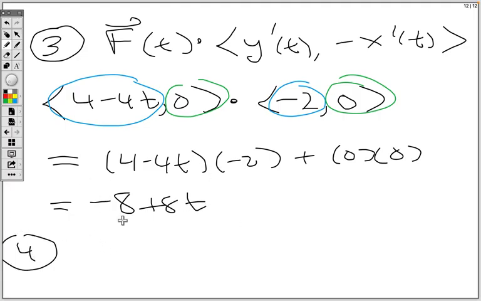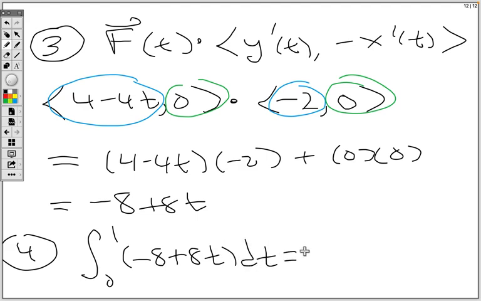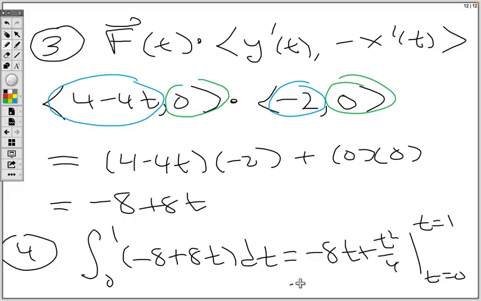And then to calculate the flux, going from 0 to 1, of minus 8 plus 8t, we get minus 8t plus 4t squared, from t equals 0 to t equals 1. So here I get a grand total of what?